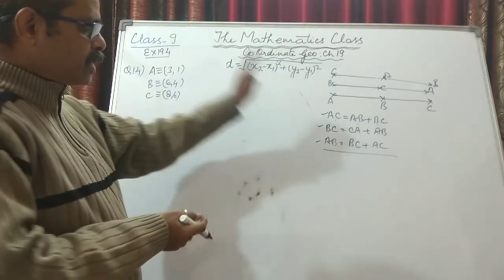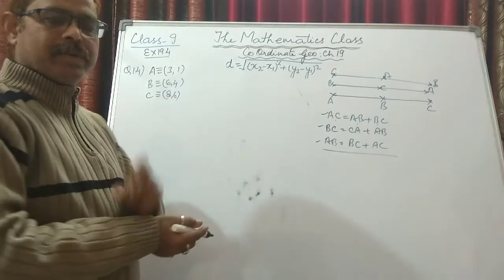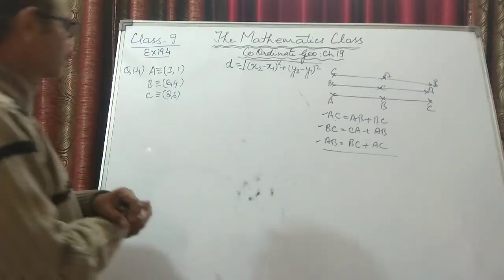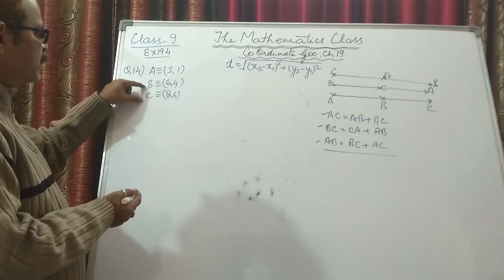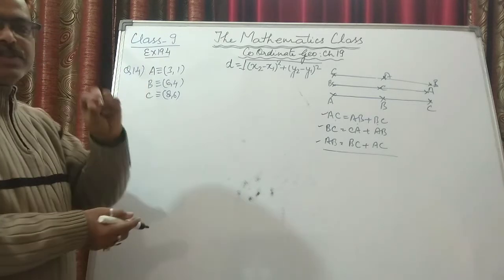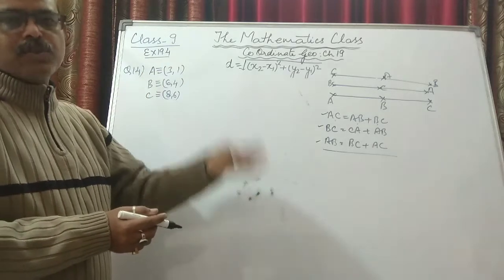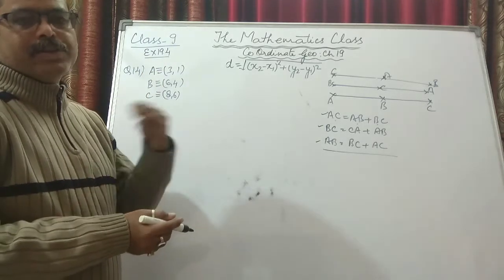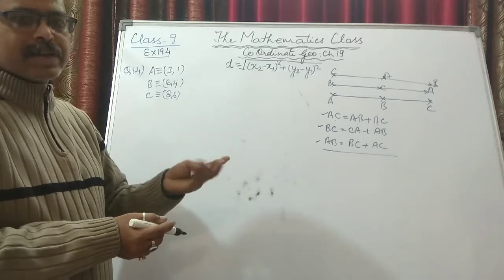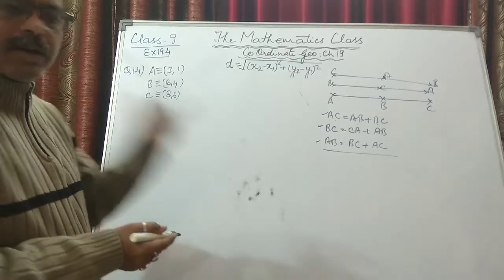This concept we are going to use here. We will find the distance between AB, BC and CA, and we will see if the length of one line segment is equal to the sum of the lengths of the other two, then they are collinear, else they are not.